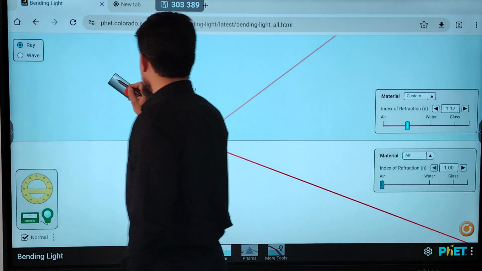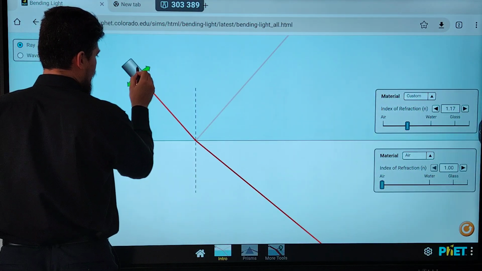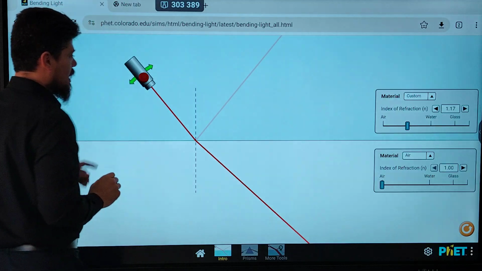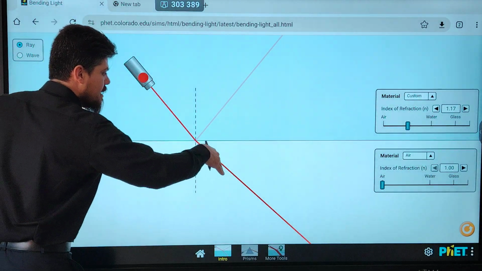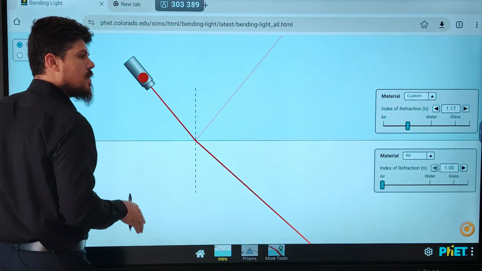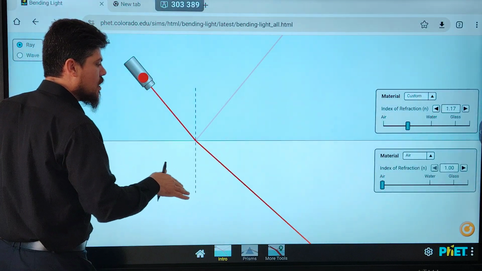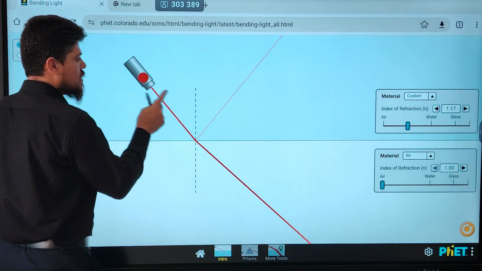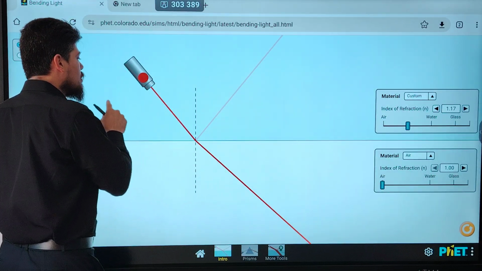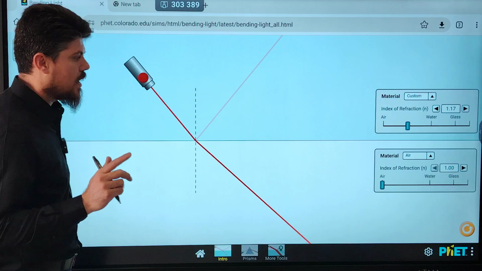When the light travels from high density to low density, it bends away from the normal. When does light bend away from the normal? When it travels from high density to low density, high index to low index of refraction, low speed to high speed. Okay, all of them correct.